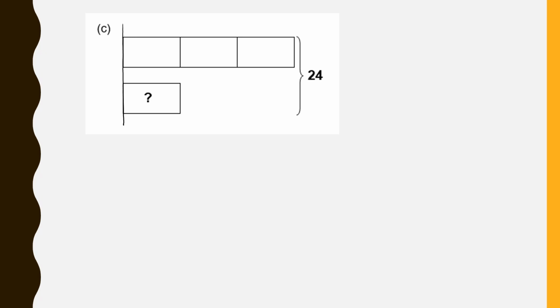Now this is actually a comparison model with a given total. And if you look carefully, this is the same as the previous question. There are 4 equal parts here, 1, 2, 3, 4, and the given total at the right side. And the unknown part is over here, the question mark.